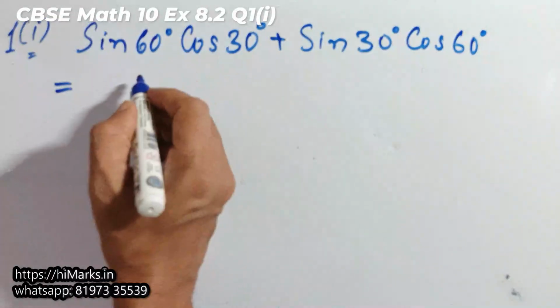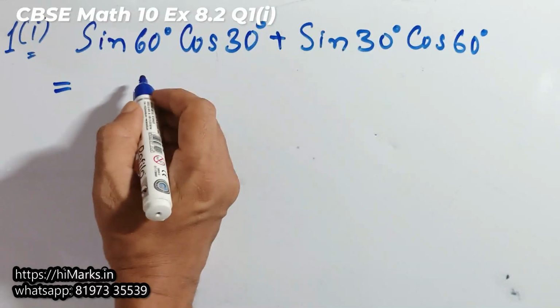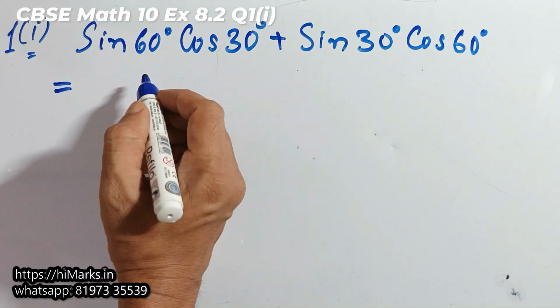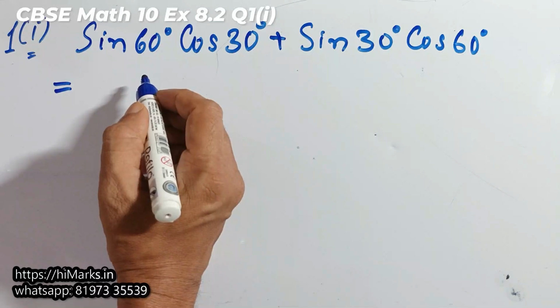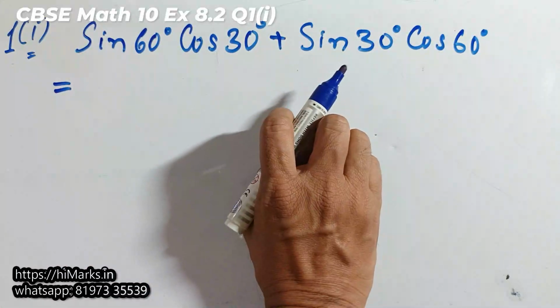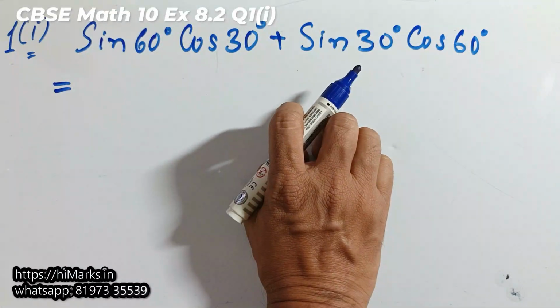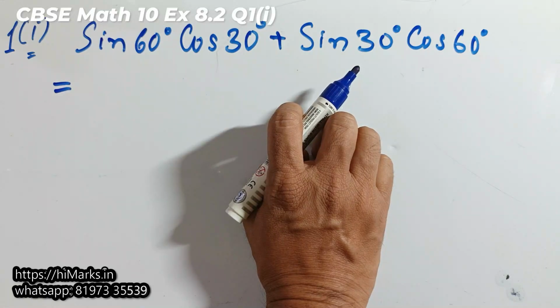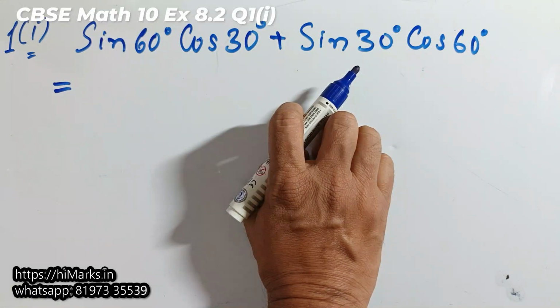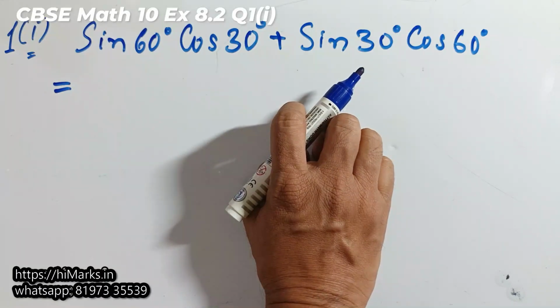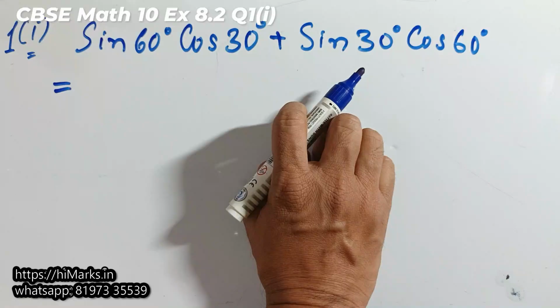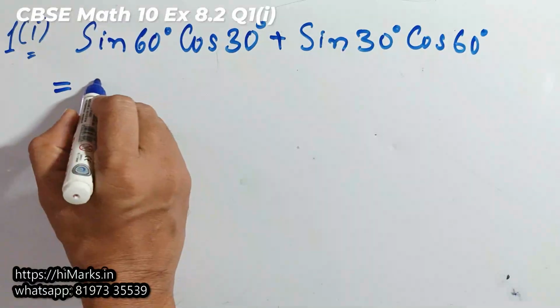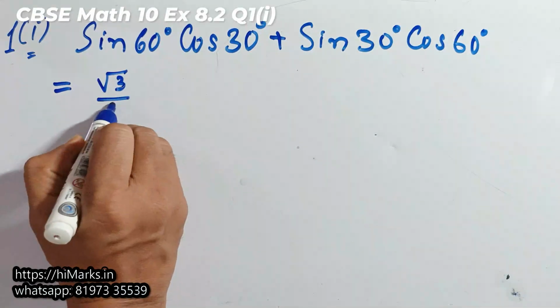Okay, so here it is very important that we remember the values of 0 degree, 30 degree, 45 degree, 60 degree and 90 degrees of the sine, cos and tan. So sin 60, you know from the table, is root 3 by 2.